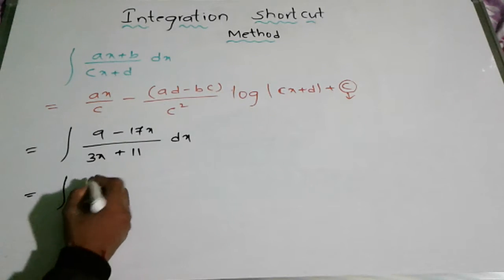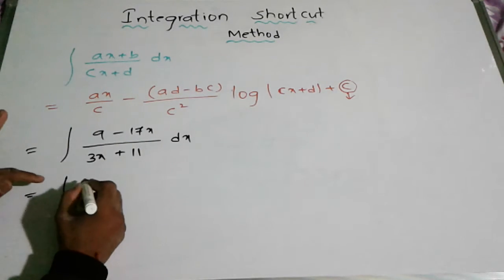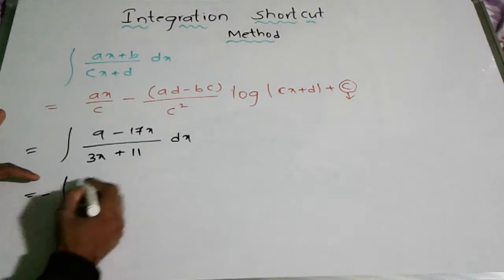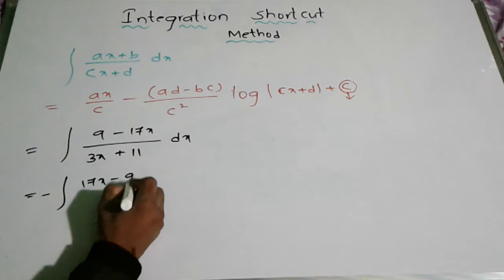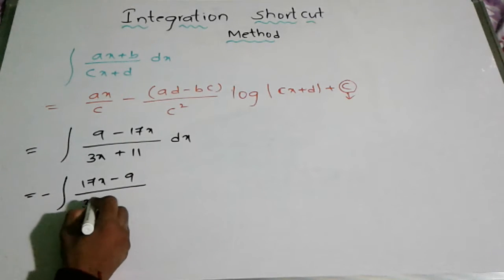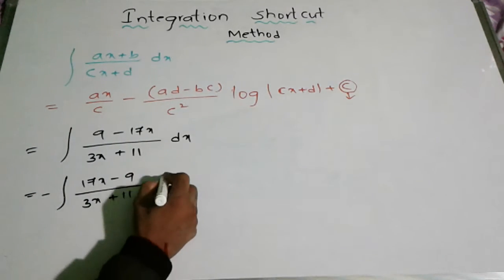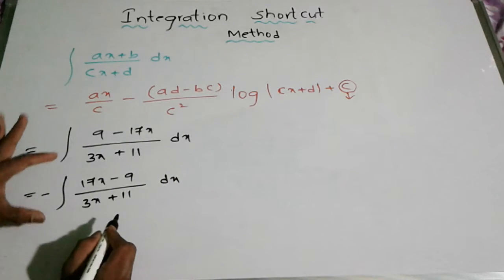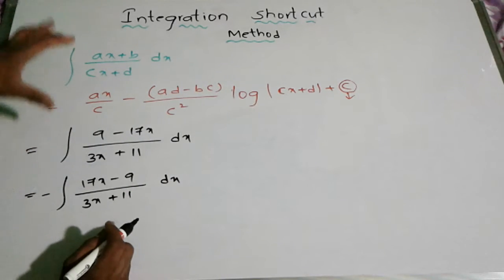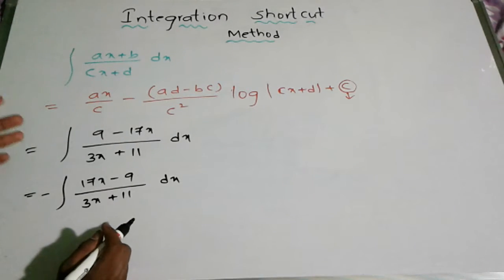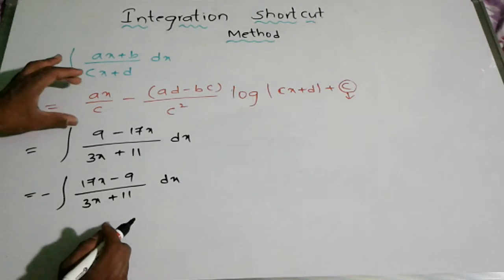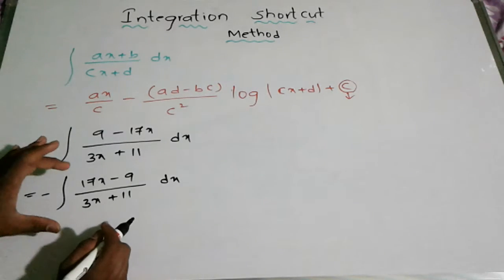I'm converting that. Here I'm taking minus common. We get minus (17x minus 9) upon (3x + 11). Here we got the standard format which we have here, right? Now you can apply this formula to this question.